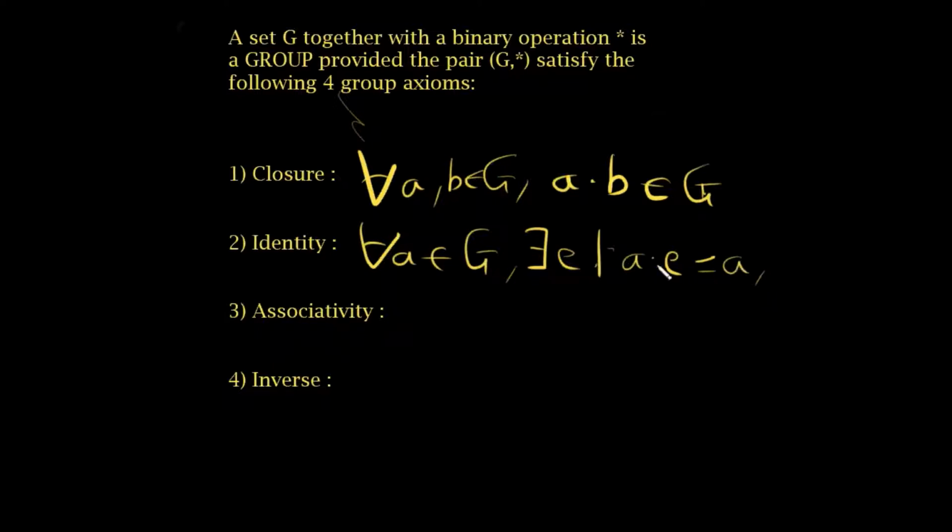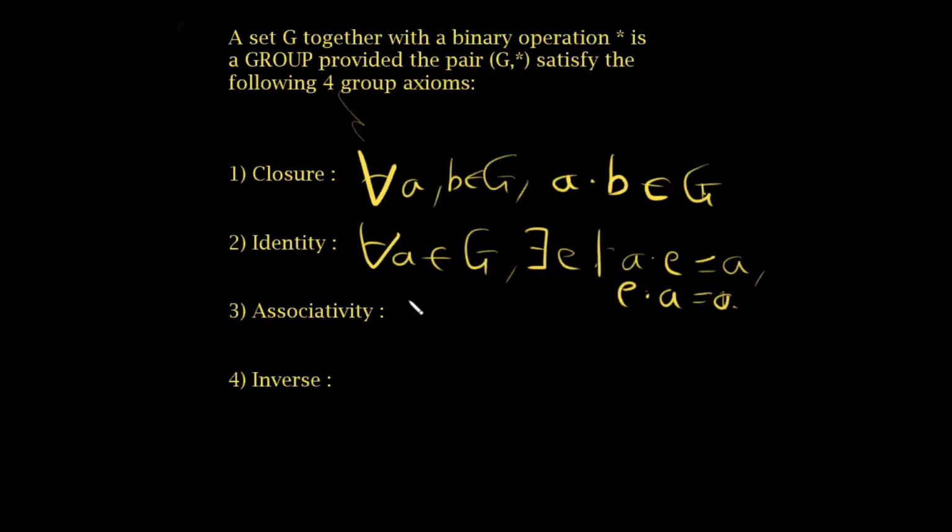So that would be, in this instance, a right identity because it's multiplying on the right. We would also have that E dot A must be A. So this is a left identity. So we want our identity to be a right and a left identity. And whenever you compose any elements with the identity, the rest of the composition is unchanged. You just get back what you started with.